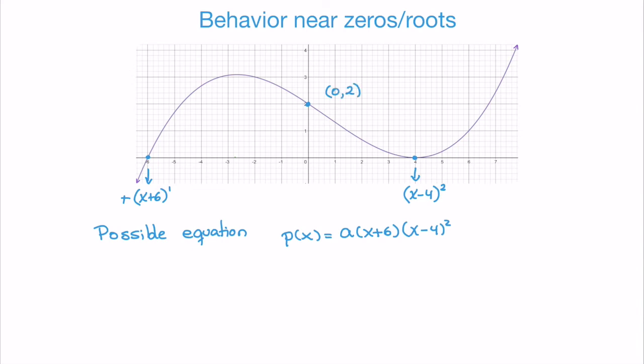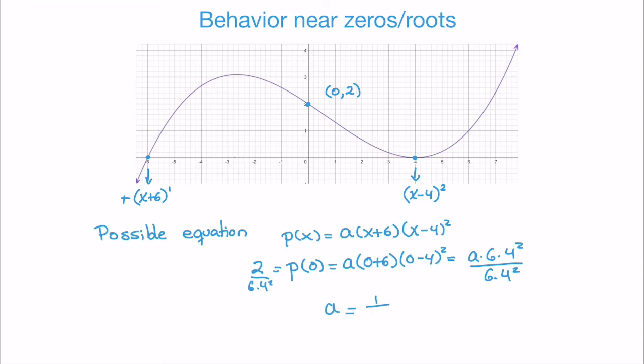And if you plug that into the polynomial that we have so far, p of 0 is going to be 2. And if you plug in 0 there, that's a times (0 plus 6) times (0 minus 4) squared. So that's going to be a times 6 times 4 squared. Then we divide both sides by 6 times 4 squared, and a is just 1 over 48.